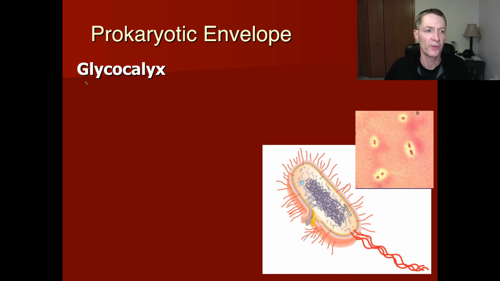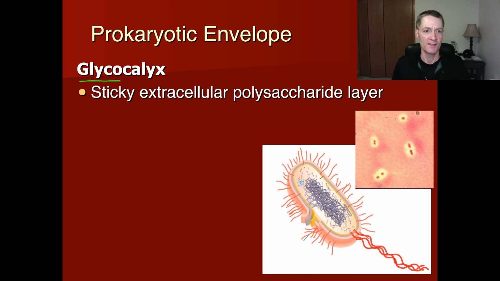Now this tells us something, this word glyco, and some of you might have run across in your chemistry assignment something to do with glyco or gluco that has to do with sugar. Okay, of course glucose is a sugar, right? So if you see glyco or gluco, we're talking sugar, and this is basically a sugar outside to cells that we often see. Okay, it's a sticky extracellular polysaccharide layer.